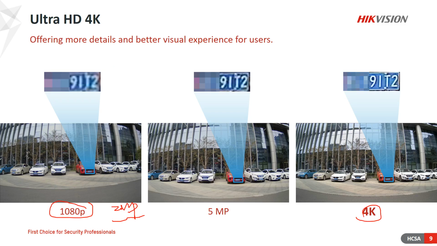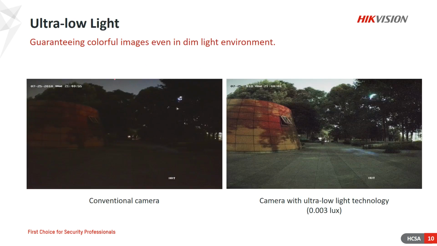And if it is 4K, and we enlarge the picture, we zoom in, then it is still very clear. This is the obvious advantage of high resolution. And as we said before, the analog system is going to support 4K nowadays, which is very good. And this is another technology, we call it ultra low light.